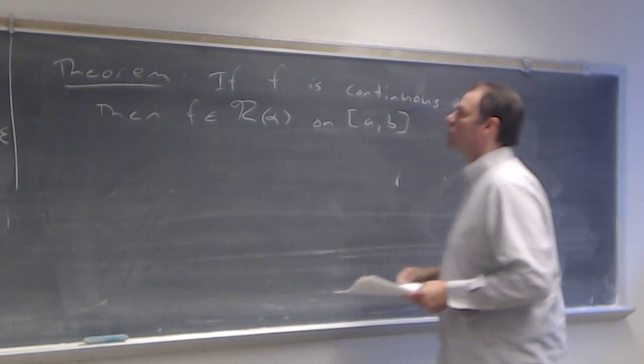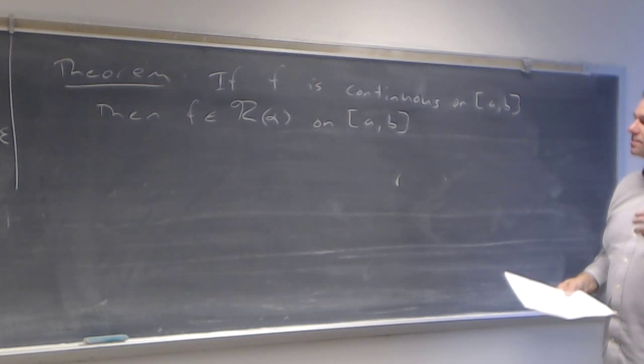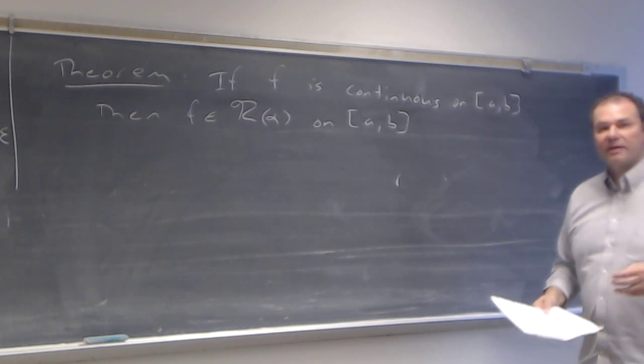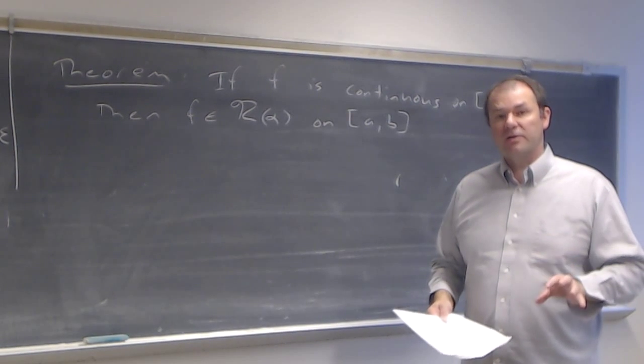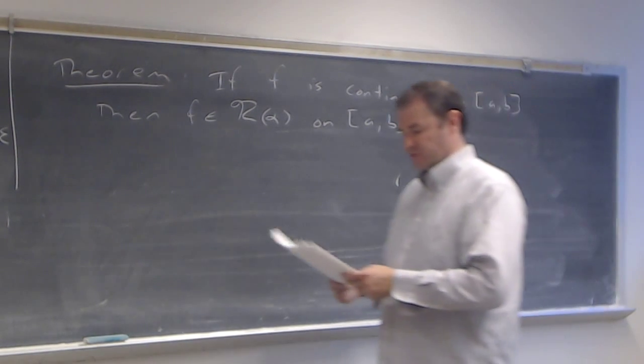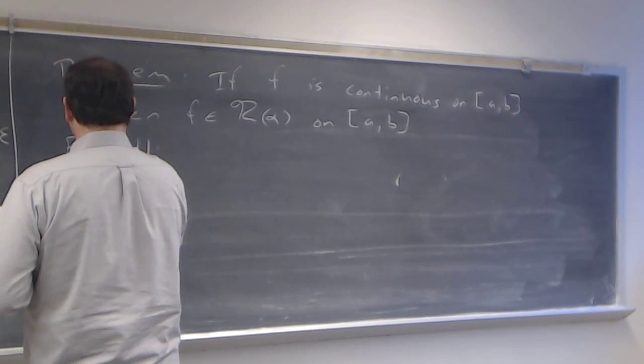And before we do a proof, I would like to bring up some background information. So the proof is going to be based on some things about uniform continuity as well as that fact I mentioned just a few seconds ago. So let me back up and remember a few things.